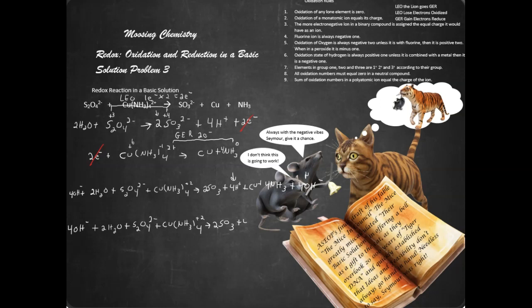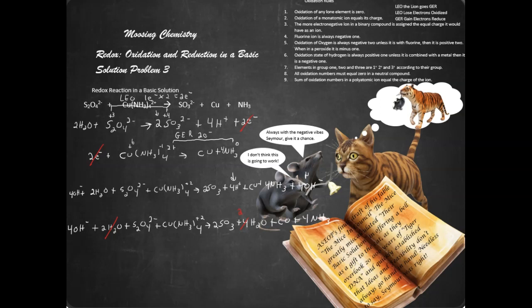So it gives you 4H2O plus Cu plus 4NH3. All right, now, what's the purpose of that? So we can get rid of our waters on the left side. So watch this. That's going to cancel that, and that's going to change that to 2.